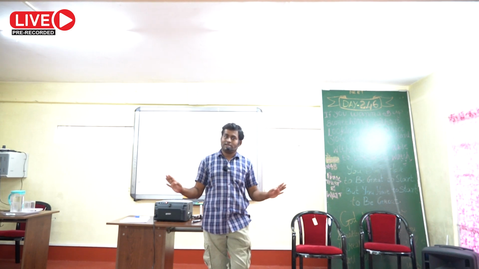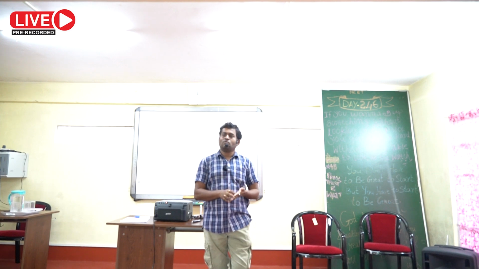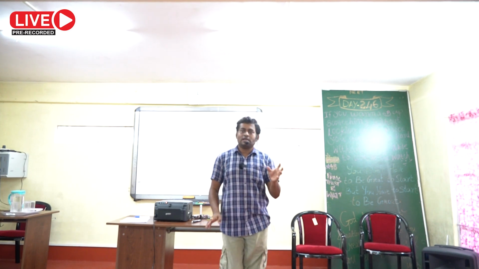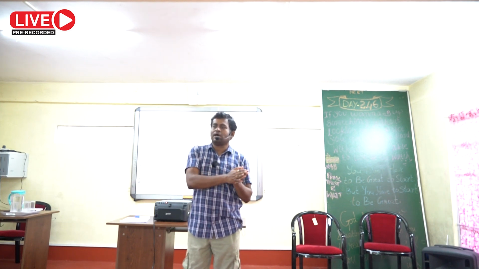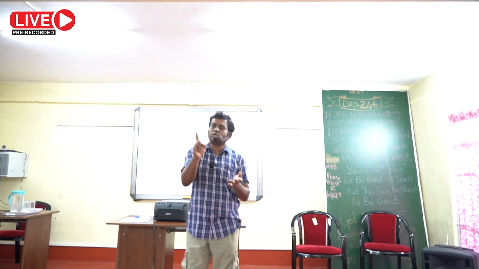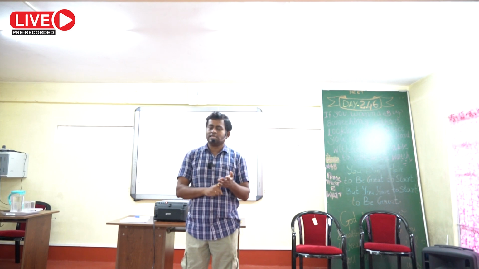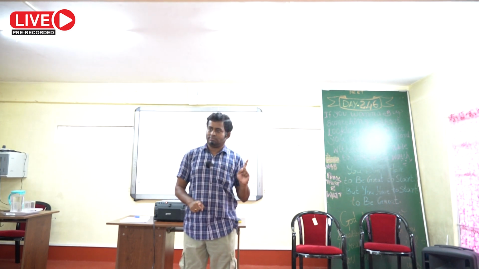Clear? Now, he is suggesting one procedure to you. Okay, fine. And remember, in this case, the newspaper buyer only has one weight, and that is of 500 gram. Means, in a certain measurement, he can only measure 500 gram.